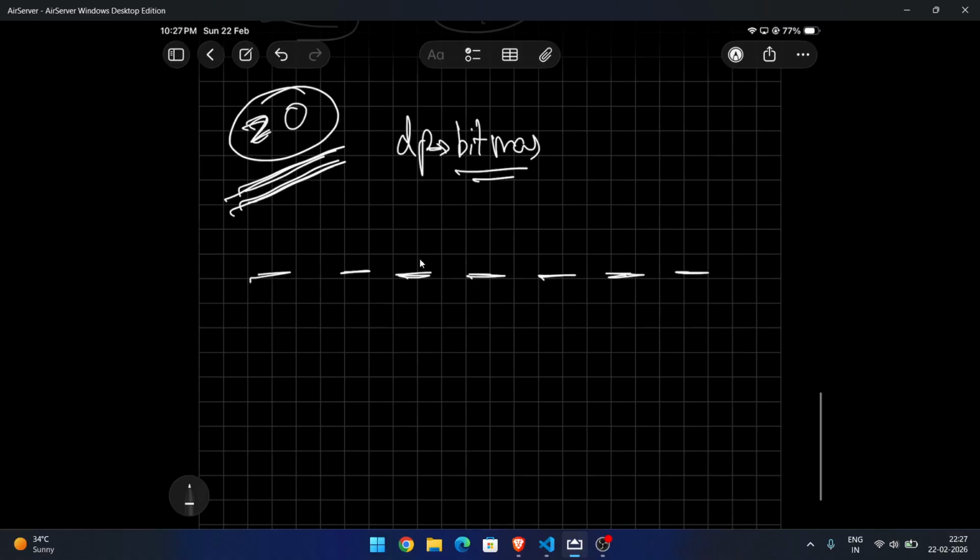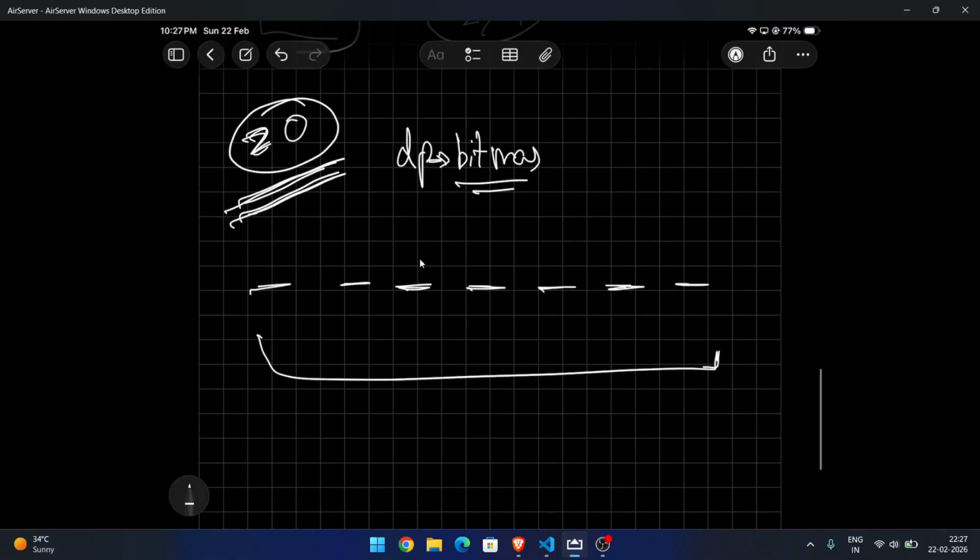Let's suppose there are this many people, and we want to choose the minimum number of lifts. What we can do is treat every person as a binary digit: whether we take this person or not, take this or not, and so on.